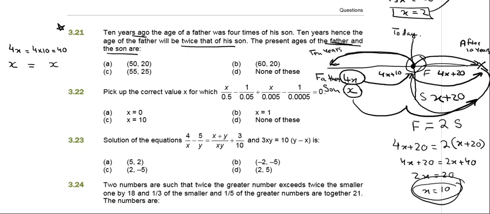So today, they will be 10 years older. So they will be 50 and 20. My correct answer will be that the age of father today is 50 and age of son today is 20. So the correct answer for 3.21 is actually A.